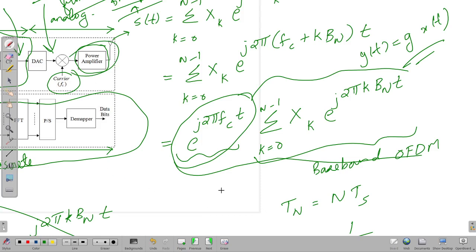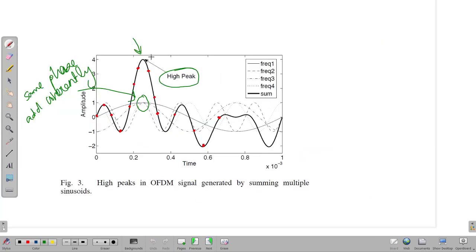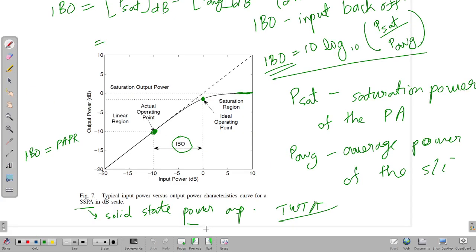So how can you reduce it? When you reduce the power of this whole signal, one disadvantage is that your lower amplitude values might end up operating at this area, which has lesser gain and lesser output power. Here you can see the output power is less when compared to this.